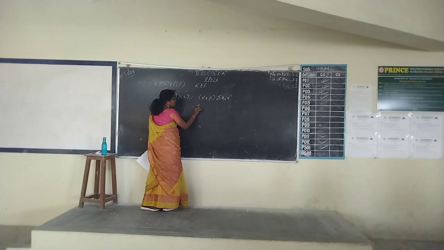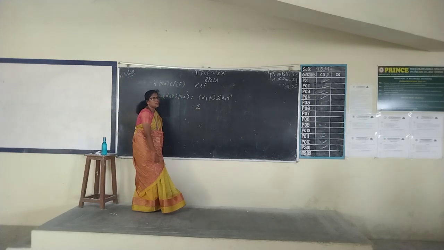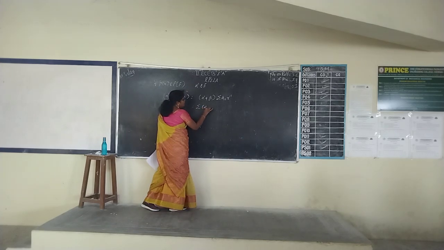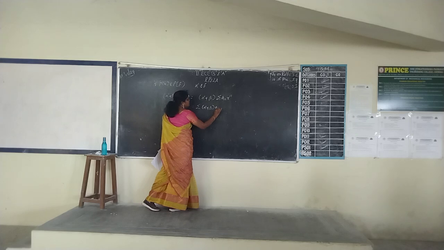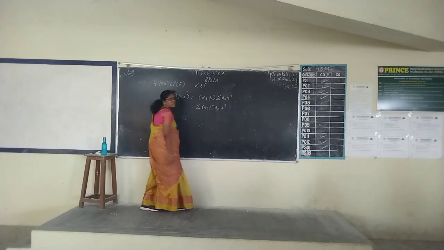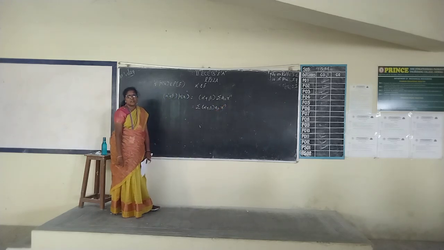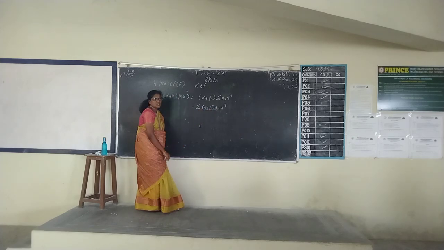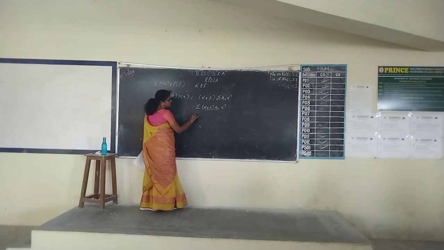How do you rewrite this? Now the scalar is alpha plus beta. If you multiply it inside, alpha plus beta into an x power n. Now these are only scalars and ordinary addition. So how can I rewrite this?